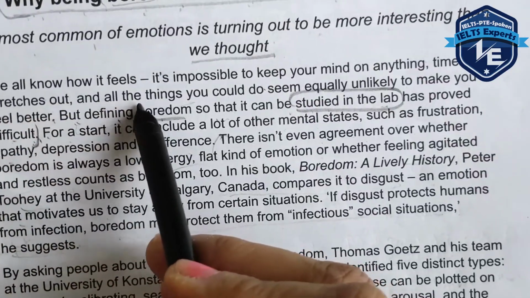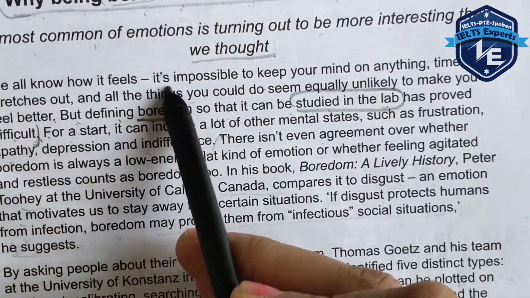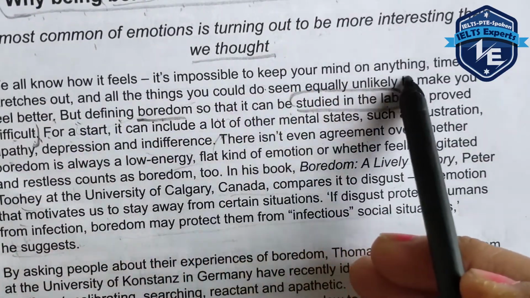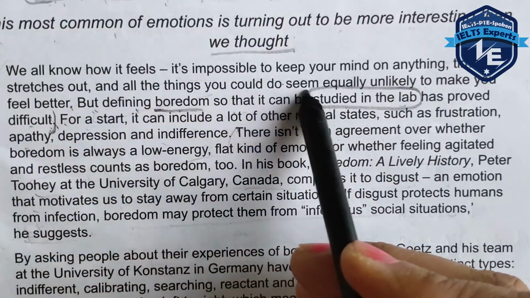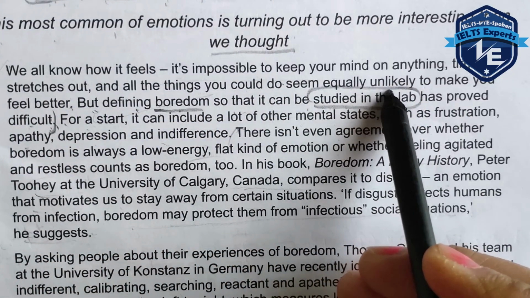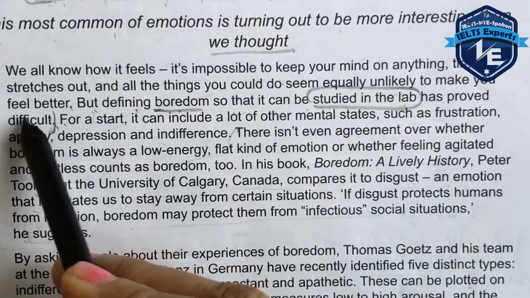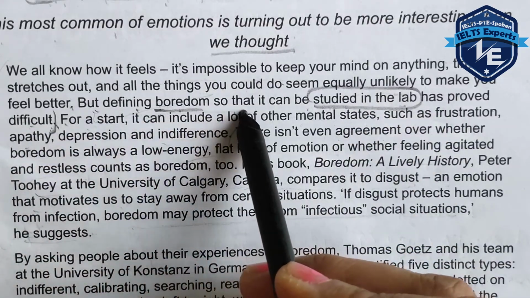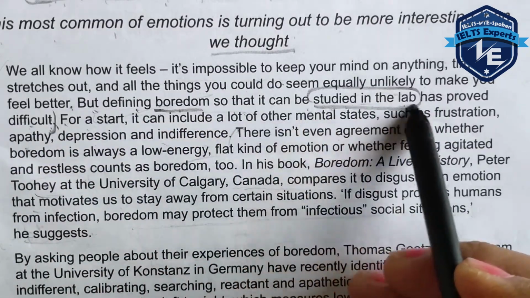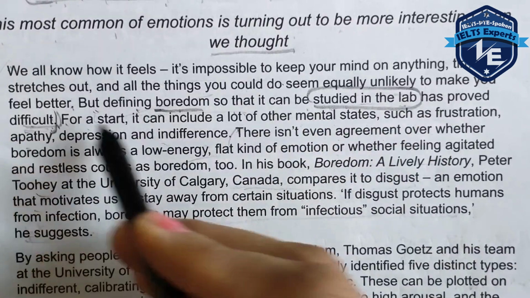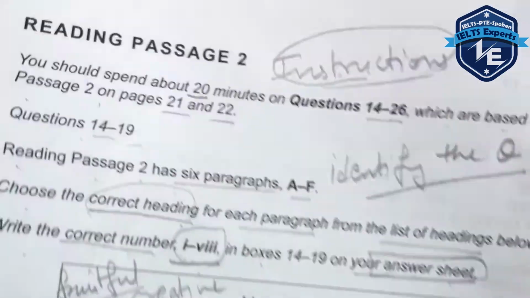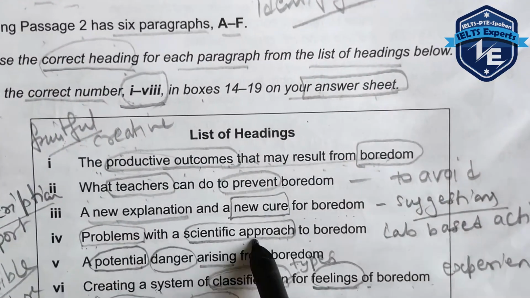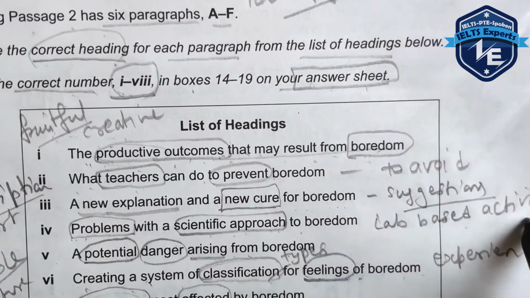Okay, let's read it from here only. We all know how it feels. It's impossible to keep your mind on anything. Time stretches out, and all the things you could do seem equally unlikely to make you feel better. But defining boredom so that it can be studied in the lab has proved difficult. Yes, as I told you, for scientific approach we can get the word like lab-based activity.